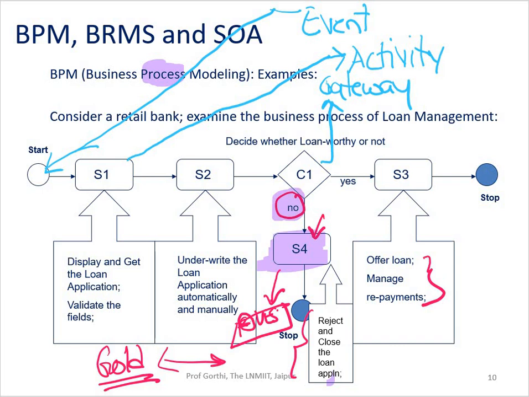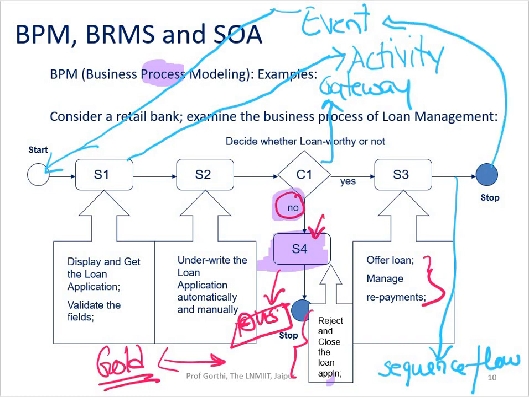And then these arrows are for sequence flow. Simple, these things form events, these ones are for activities, this is the gateway, and your arrows are for the sequence flow. A very simple notation and very easy to create, very easy to handle.